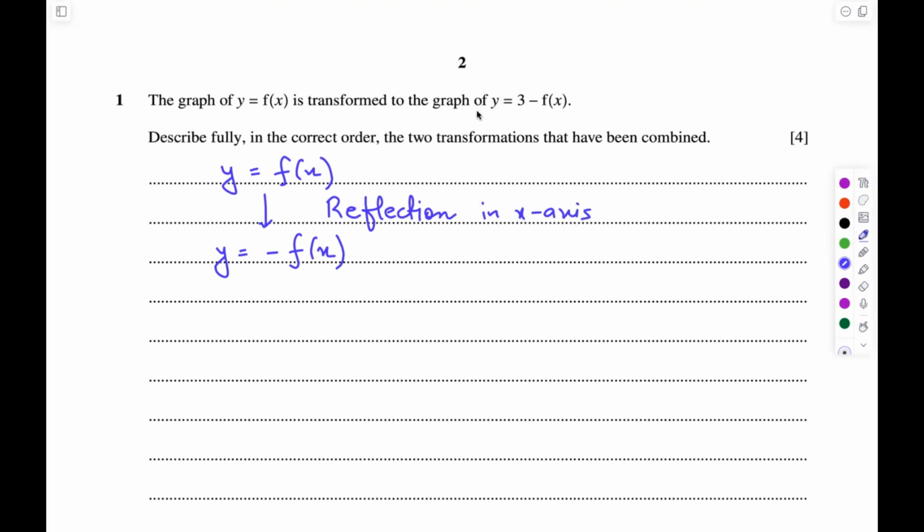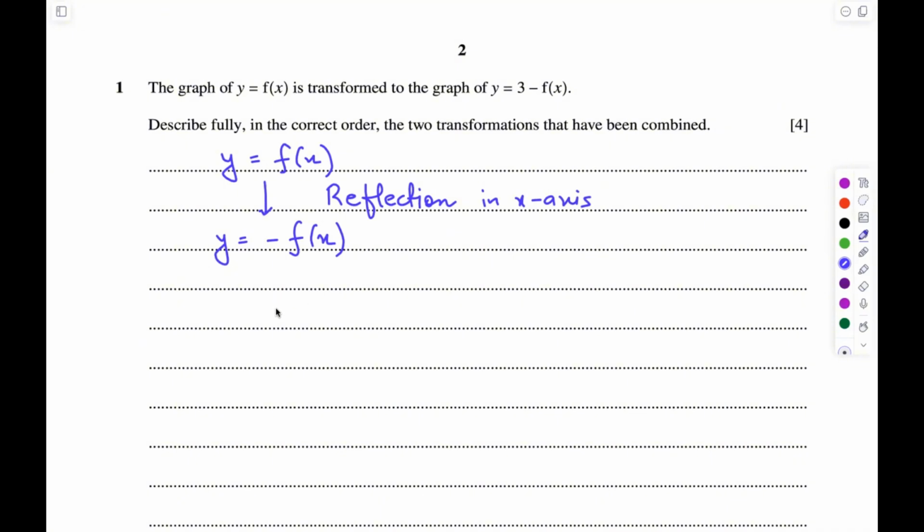So now as the graph has been transformed to 3 minus f of x, we can break it into two steps. So if we apply a reflection in the x-axis, f of x will become minus f of x, and then if we do a translation of (0, 3), so there is no translation in the x direction, so that will be 0.